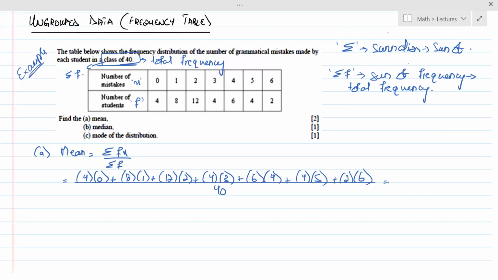We are getting this as 100. Divide by the total frequency 40. So 100 divided by 40 gives us 2.5. So mean here is 2.5.